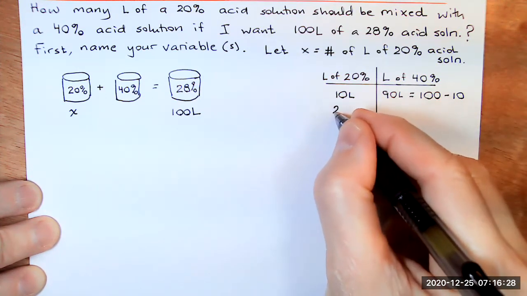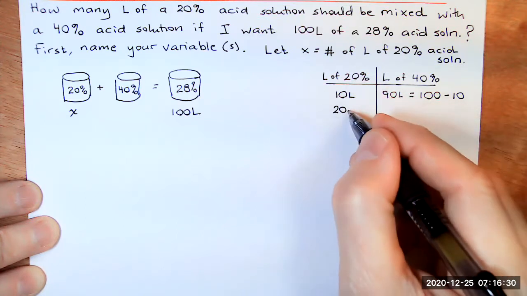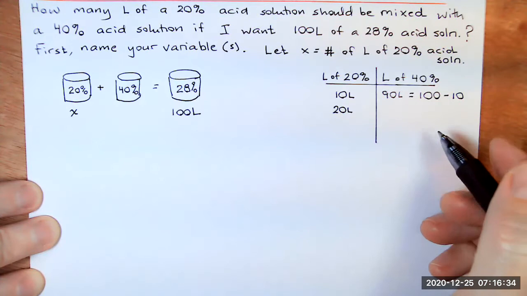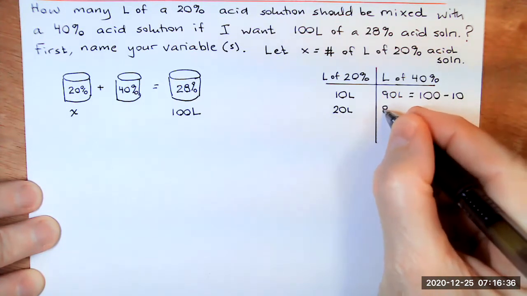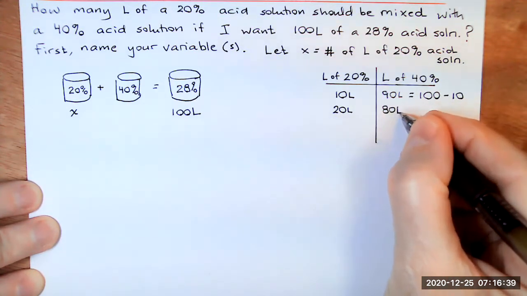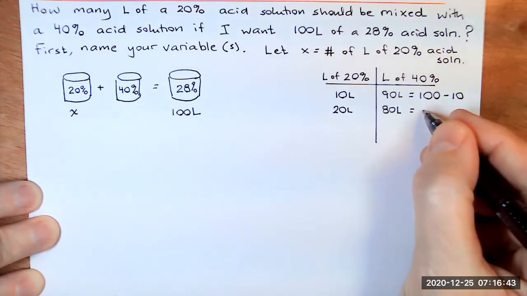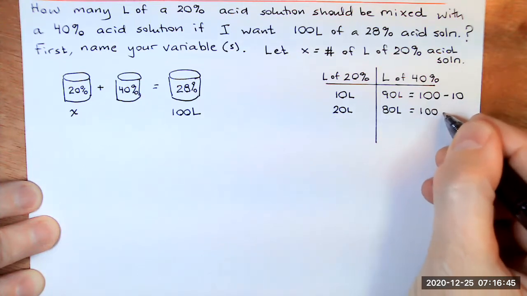What if there are 20 liters of the 20% acid solution? How many liters of this will be? Let's write 80 liters. How did you get 80? You just subtracted 20 from 100.